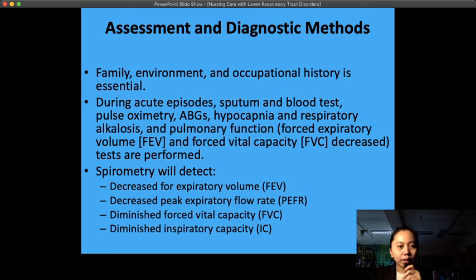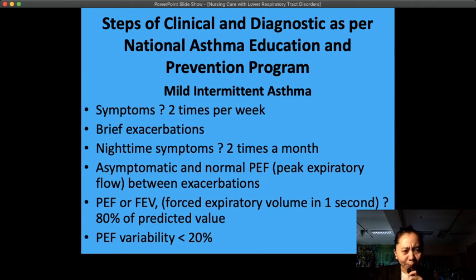All right. So assessment and diagnostic methods: family, environment, and occupational history are essential. Spirometry will detect, you already had that, the inspiratory capacity, the tidal volume. For mild intermittent asthma: symptoms 2 times per week, brief exacerbations, and nighttime symptoms 2 times a month, and then asymptomatic with normal peak expiratory flow.